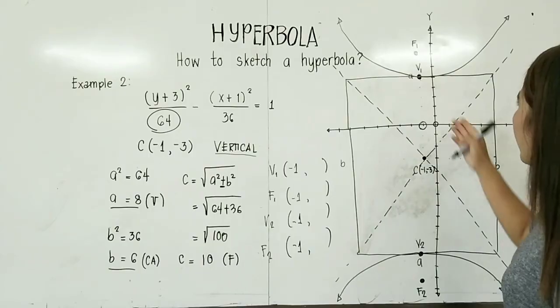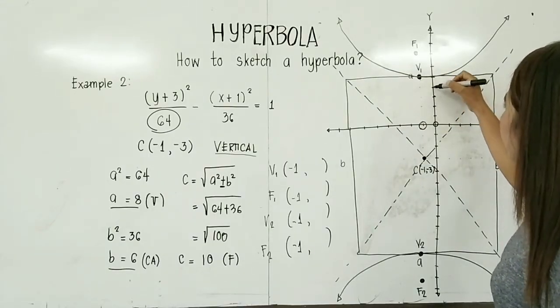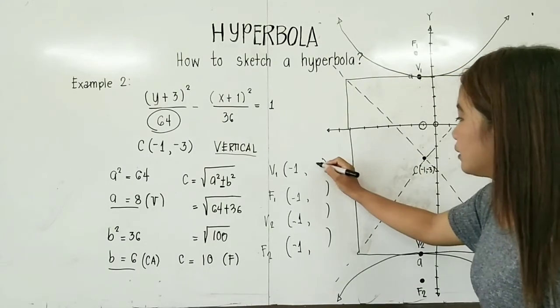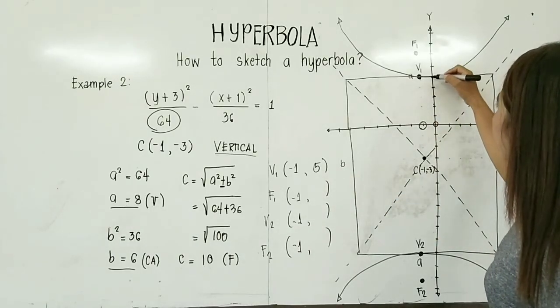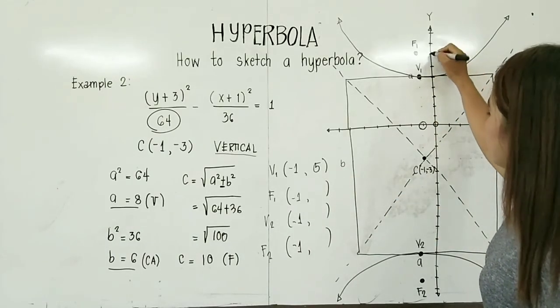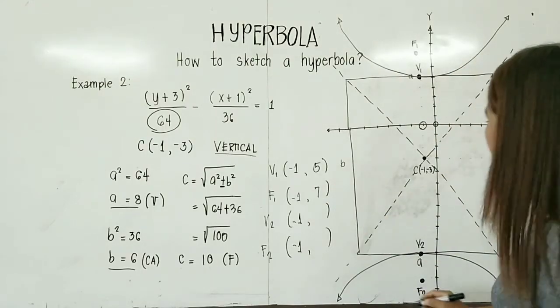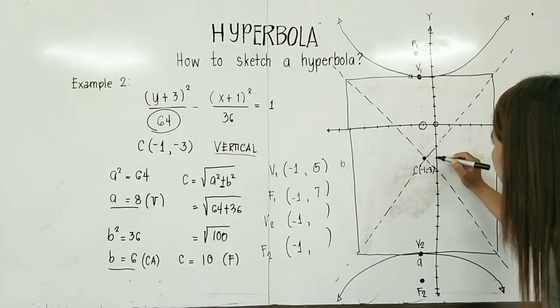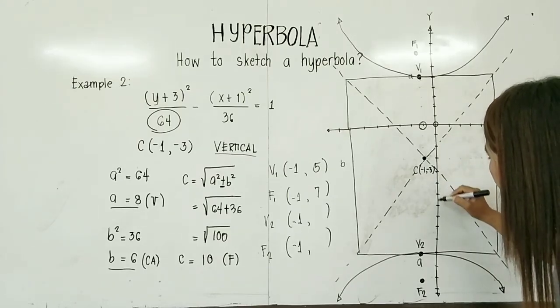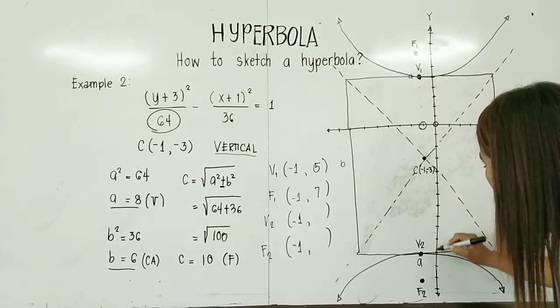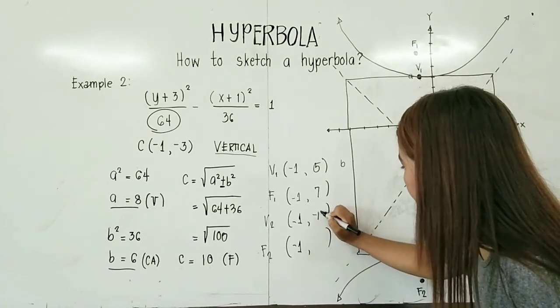And for our vertex 1, we have here 1, 2, 3, 4, 5. So this is +5. For our focus 1, 1, 2, 3, 4, 5, 6, 7. So this is +7. Our vertex 2, this is -3 here, -1, -2, -3, 4, 5, 6, 7, 8, 9, 10, and 11. So we have -11.